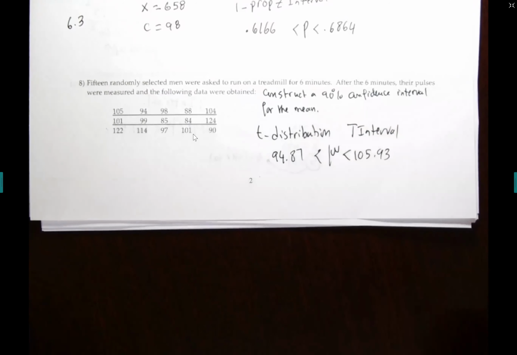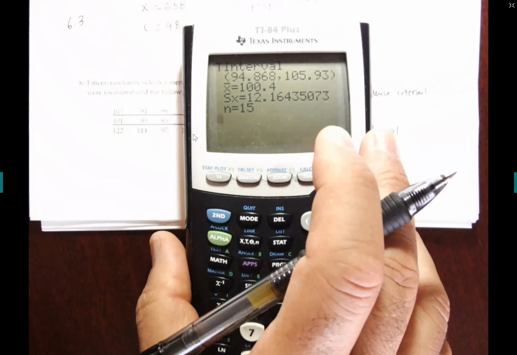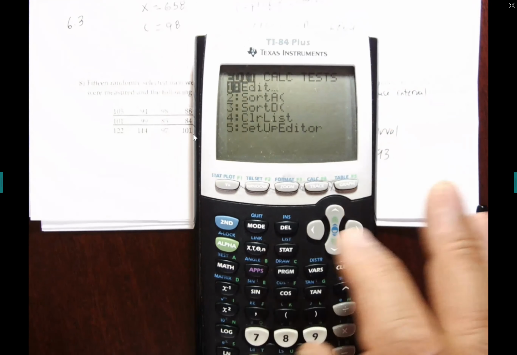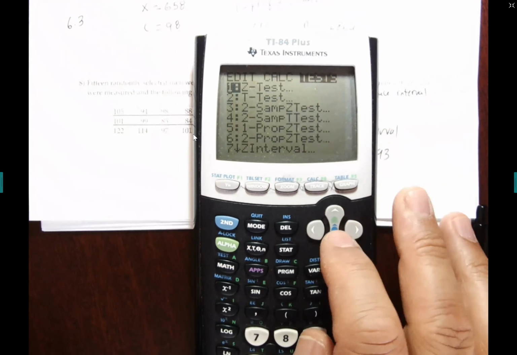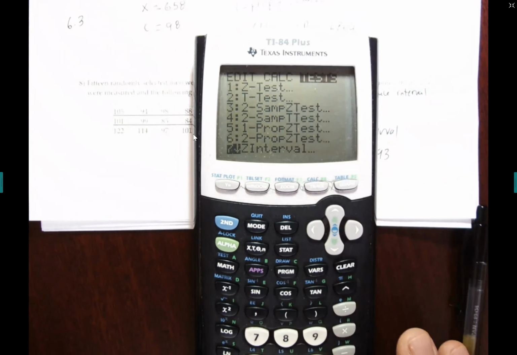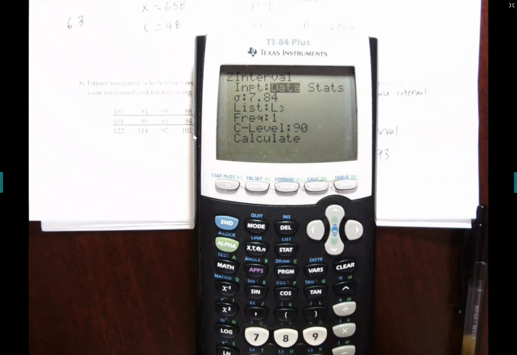I want to show you guys, even if you thought it's Z interval, it wasn't going to work for you. And let me tell you why. If you go to stat, tests, Z interval, let's say you were going to do a Z interval, you're going to get stuck here. Watch. Data. You see what it's asking you here? It's asking you for sigma. You don't have it. What are you going to put in there?